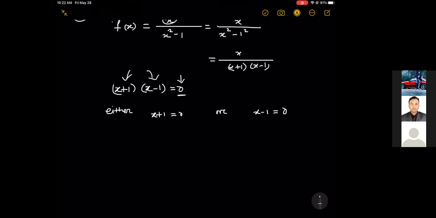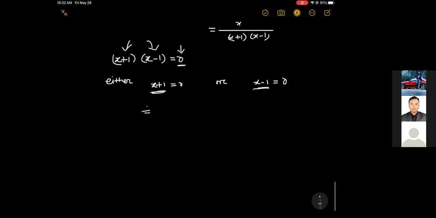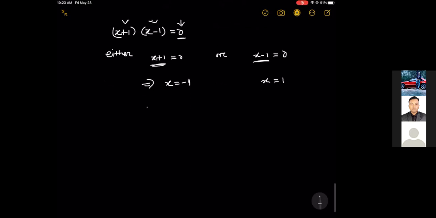So that's why either this one is 0 or the latter one is 0. If we solve it, x equals -1, x equals +1. So we say we have two vertical asymptotes. One is at x equals -1 and the other one is at x equals 1. There are two vertical asymptotes.